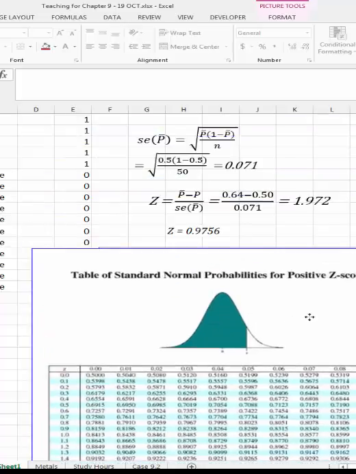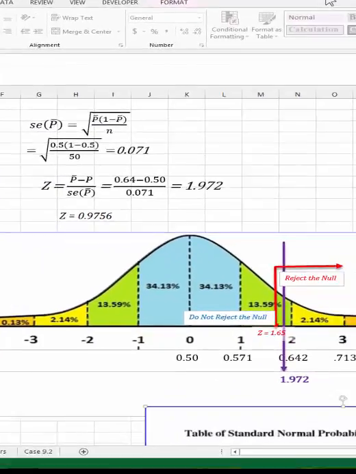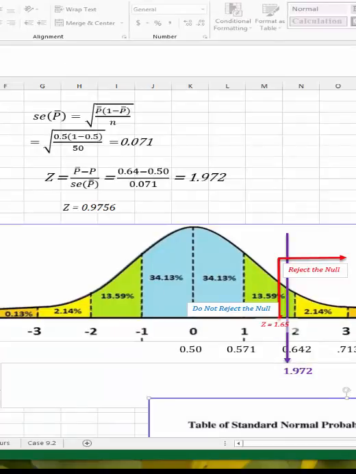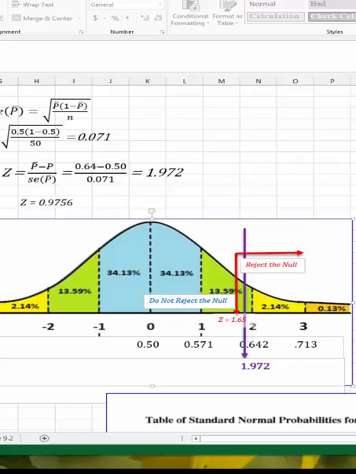And then I converted over my little diagram so that you could see how it looks on the normal distribution. Basically the middle is 0.5, and then I added 0.071 to get 1 standard deviation, 2, and 3. Then I found my value, which was 1.972 from my z computation, and it is outside of my line, so therefore I reject the null in favor of the alternative.